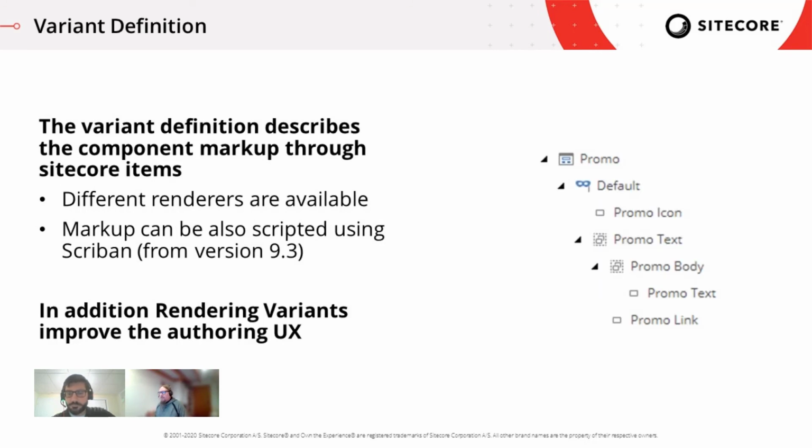Great. So coming to rendering variants, just quickly, I think we have talked about it already in a previous tutorial. Nevertheless, that is the last step where your markup is defined, either as you can see here for the default variant definition in some field renderers or section renderers, or as I said, with 9.3, we got Scriban introduced as a new scripting language and templating engine, and therefore you can also define your markup now using Scriban instead of multiple items.